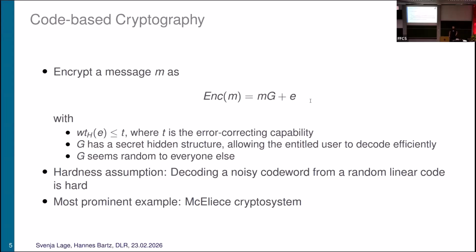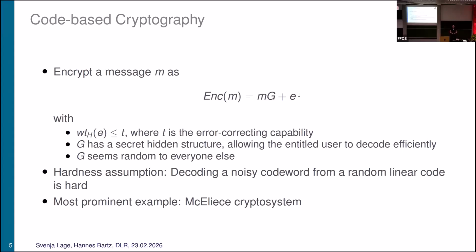So in code-based cryptography, the basic setting is the following. We have a message m, and in order to encrypt this message, we simply map it onto a codeword of our linear code C. So we perform the encoding here and map it to a codeword, and we may add an artificial error e to this. So this is very different from communication. Usually it's something where you cannot control the error in a sense.